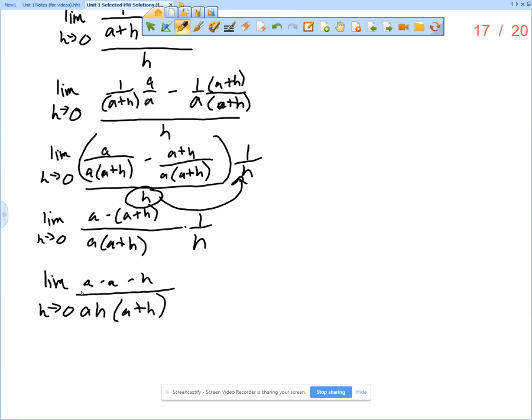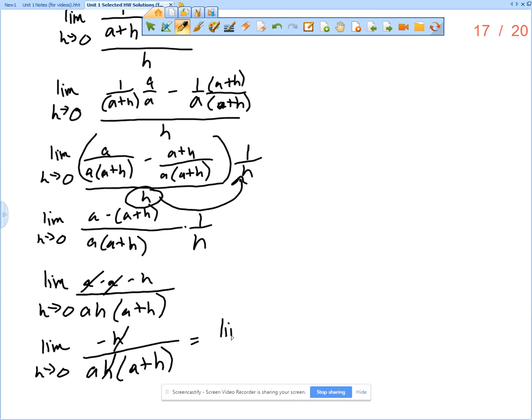So now let's subtract a minus a. Now I'm left with negative h. So the limit as h approaches 0 of negative h over a h times a plus h. Now, think back all the way to the beginning. What needed to happen? h needed to reduce. So now it does.